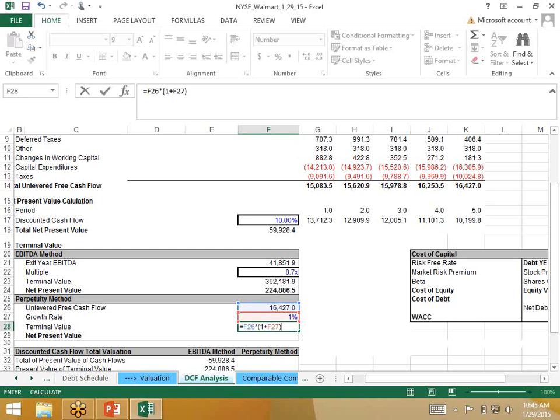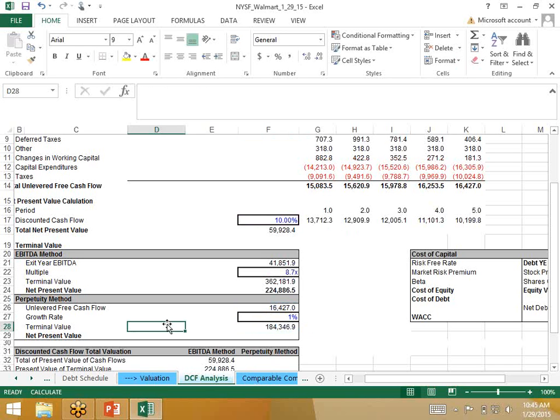That's the numerator: unlevered free cash flow times 1 plus G, divided by, in parentheses, R minus G, where R is the discount rate, it's 10%, minus the 1%. So F26 times 1 plus F27, divided by F17 minus F27. That's the value of the business based on the perpetuity.